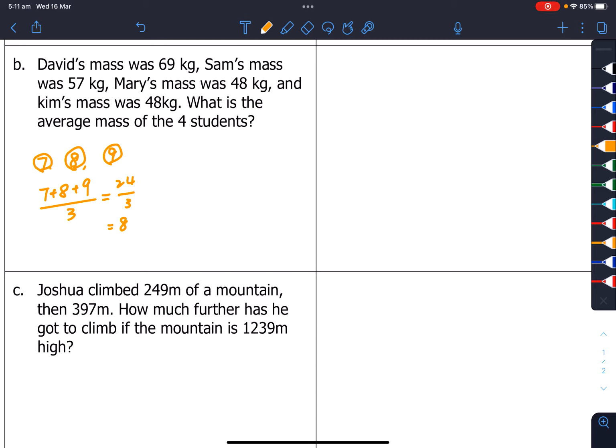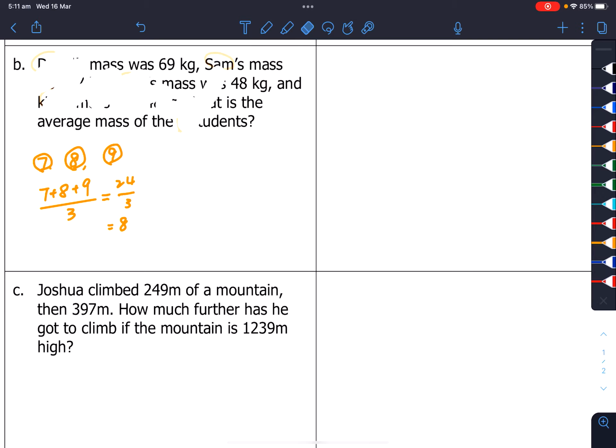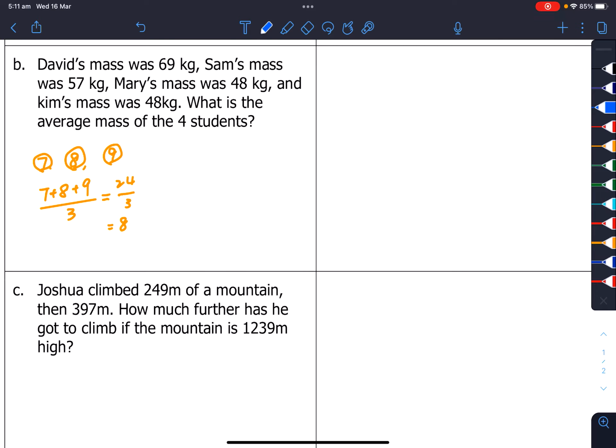So now there are 4 people, right? David, Sam, Mary, King. If you want to calculate the average, you need to divide by 4. So don't forget here. So we need to calculate total mass first. Total mass will be 69 plus 59 plus 48 plus 48.